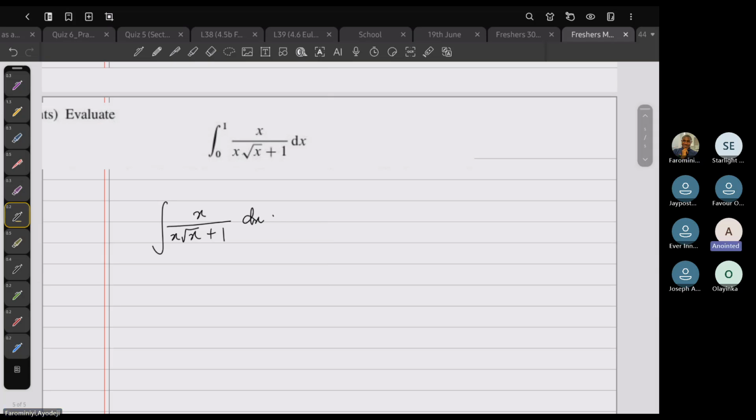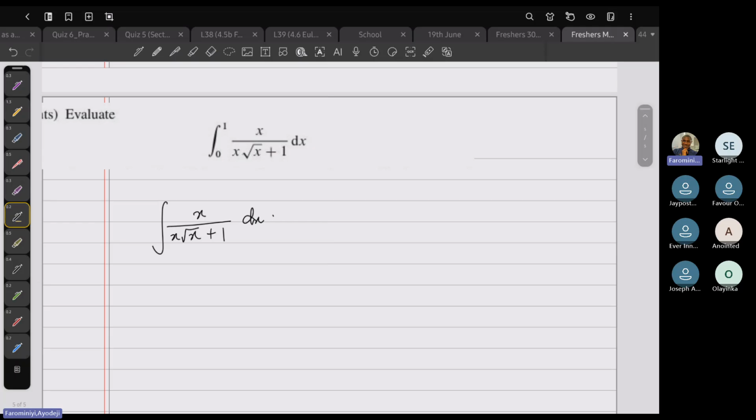So how about making use of substitution, Abby? What would you make as your u? You are correct in the sense that that is what we should start with.